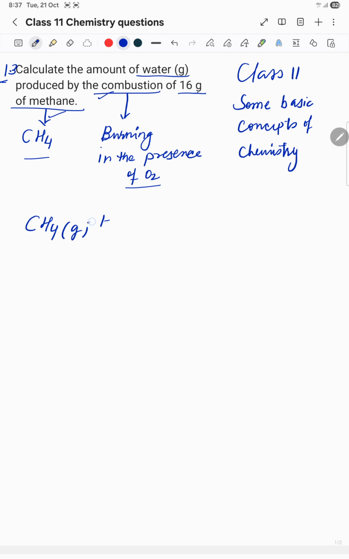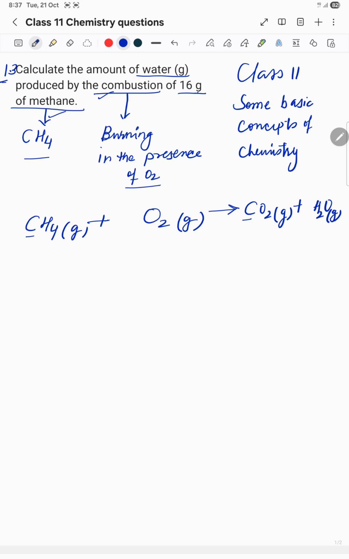It burns with oxygen gas and produces carbon dioxide gas plus water. It may be in the gaseous form or liquid form. Now, as we can see, this is not a balanced chemical equation. So we are going to balance it.